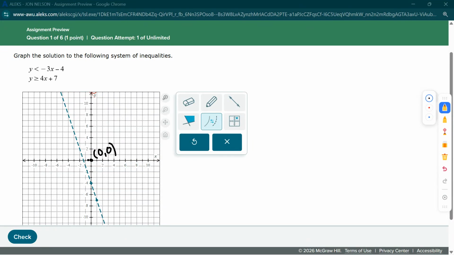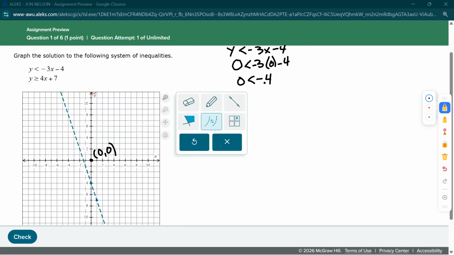My inequality is y less than negative 3x minus 4. So I'm plugging a 0 in for y, and a 0 in for x, and we're going to see what happens. Okay, so I get 0 less than negative 4.